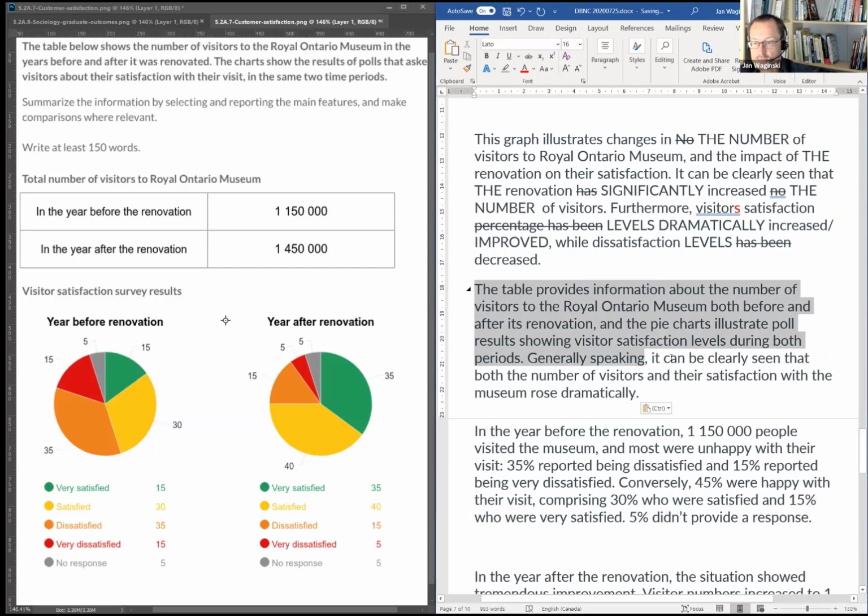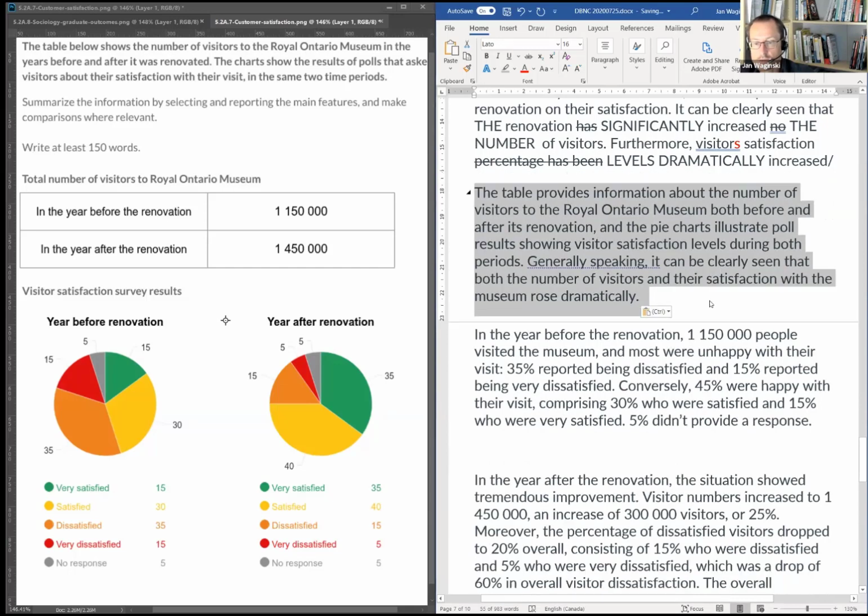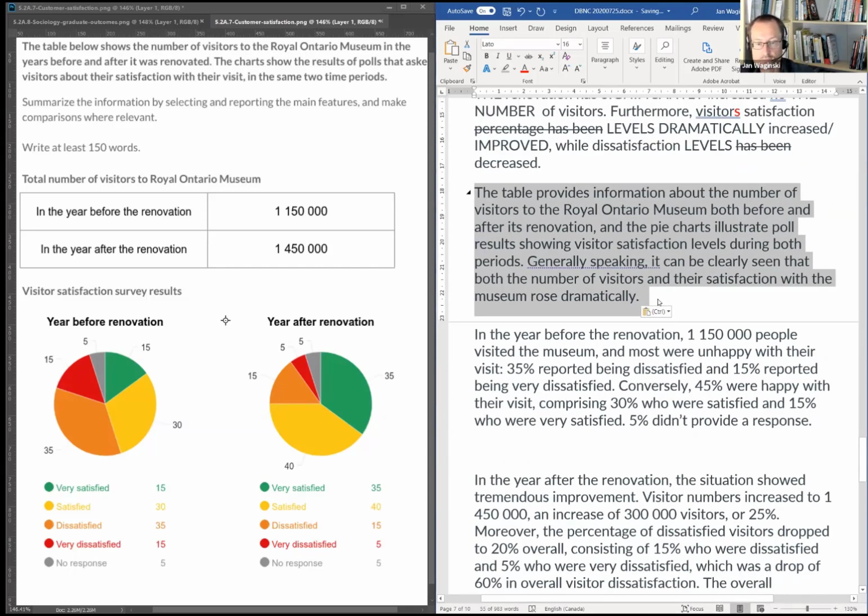Generally speaking, it can be clearly seen that both the number of visitors and their satisfaction with the museum rose dramatically. Okay. No numbers, just the general picture. Number of visitors went up, visitors were happier.